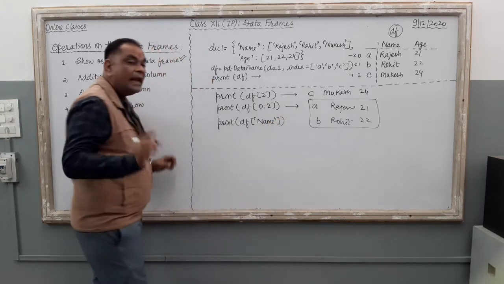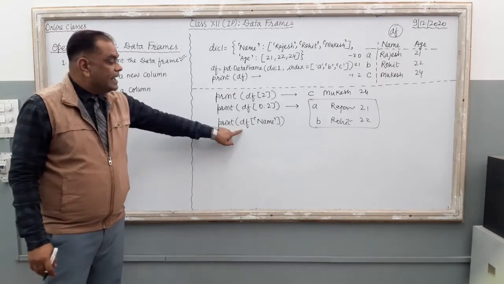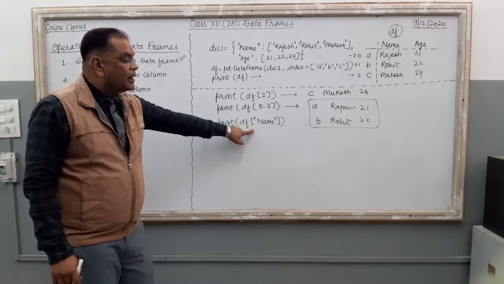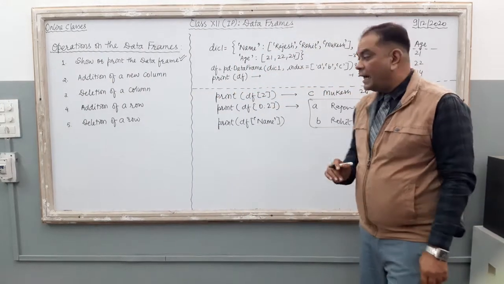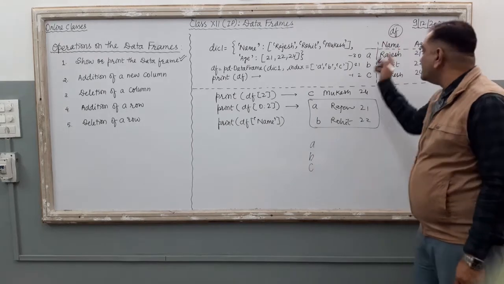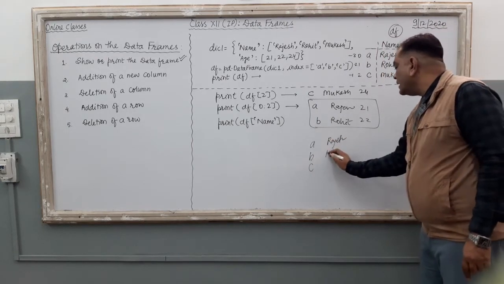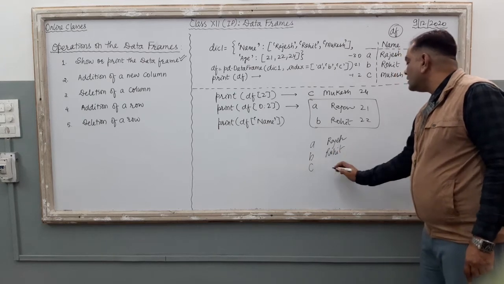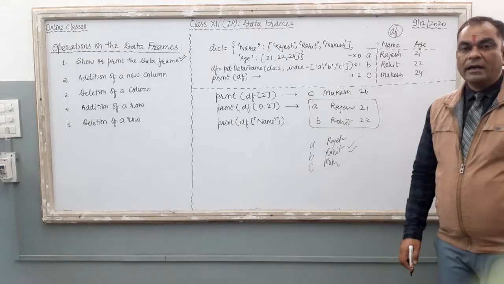Name means the name of the column that I want to display on the monitor. df['name'], as I give this command, now the name column will be there only on the monitor, right? How will it appear? The sequence A, B, C is there as it is, and then Rajesh, Rohit, and the third one is Mukesh. This column will be there on the monitor, right?